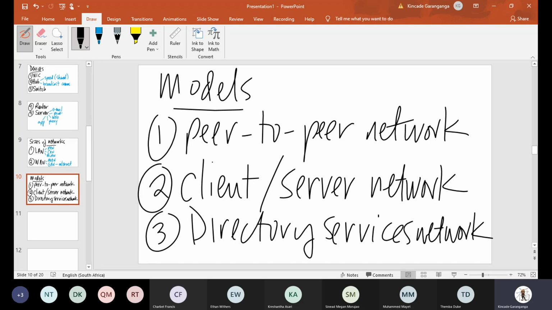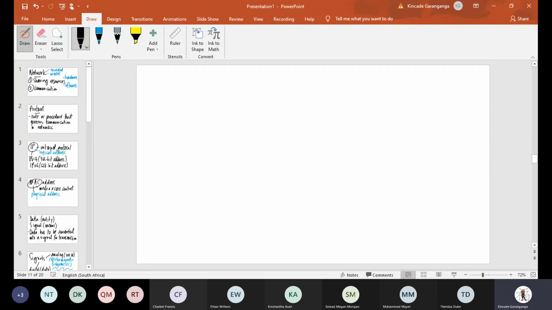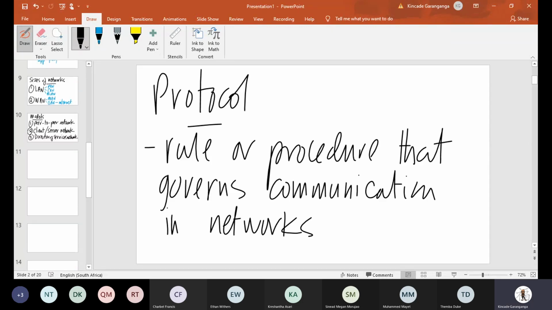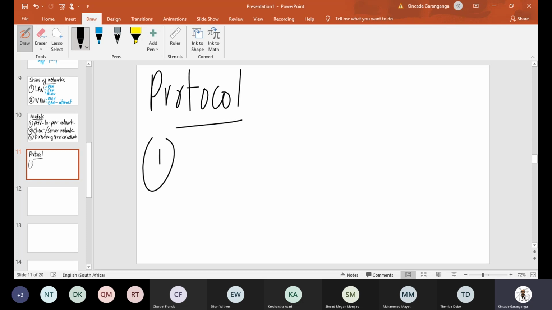If you go back to the protocols now, where were we here? Let's revisit the concept of these protocols. You've got what they call low-level protocols.